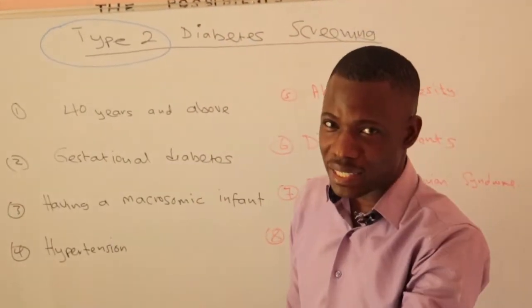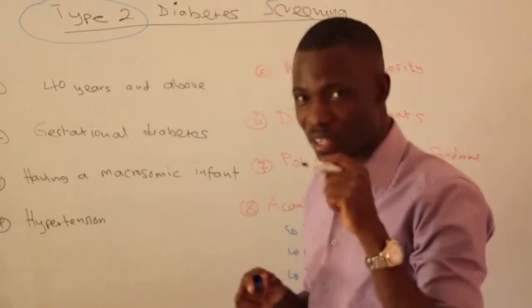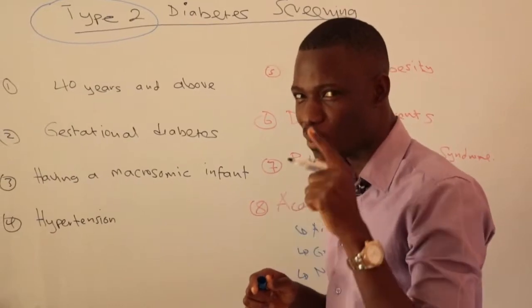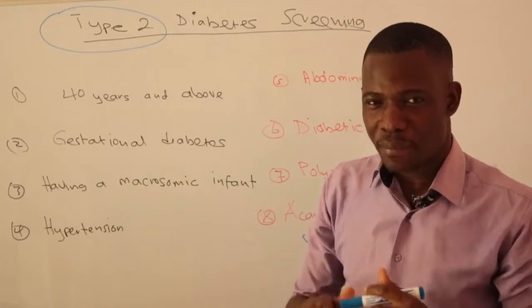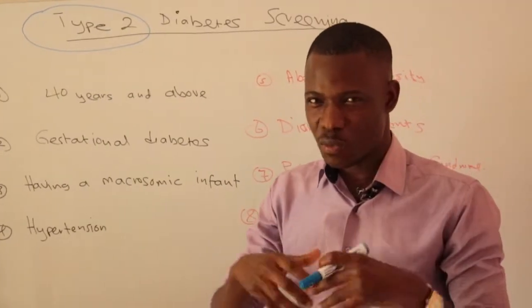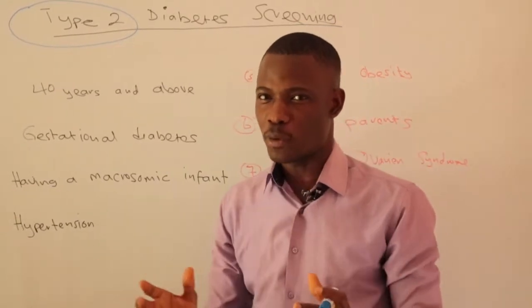Now, in type 1 diabetes, there is total absence of insulin. That is the reason why they give insulin injection as the treatment for type 1 diabetes. But in type 2 diabetes, the pancreas still produces insulin, but it's not enough to cover the needs of the body.